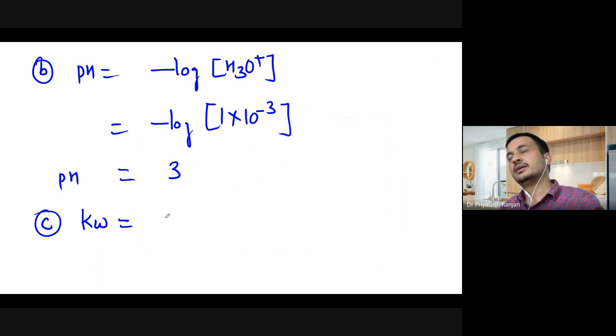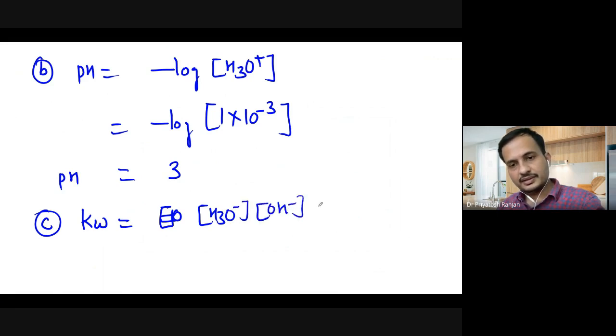It says the product of the concentration of hydronium ion and hydroxide ion is equal to 1 into 10 raised to the power minus 14. This value holds true for water solution which undergoes autoionization at a temperature of around 25 degrees Celsius.